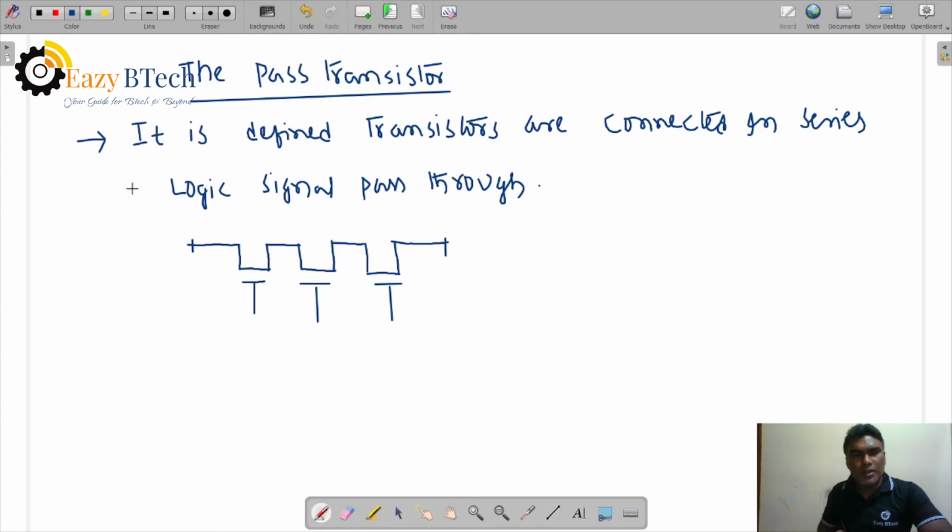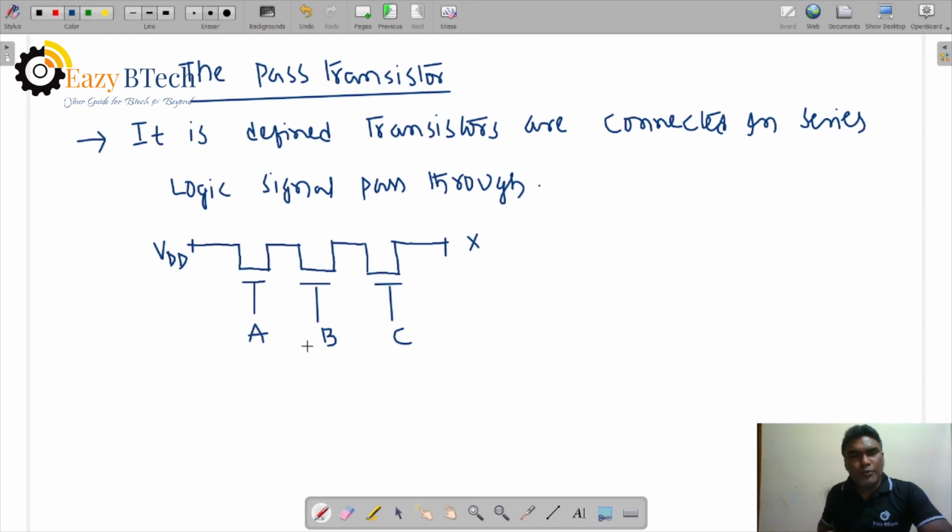Here logic is passing through this. So VDD here, let us say it is a ground signal. So input is applying A, B and C. Here 3 transistors are there. These 3 transistors are connected in series. So passing through this logic VDD through this.